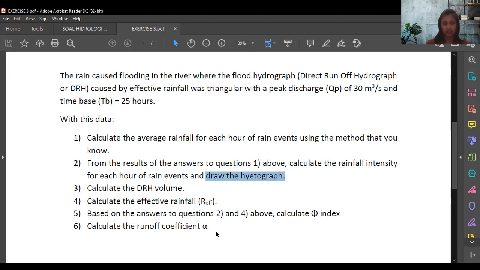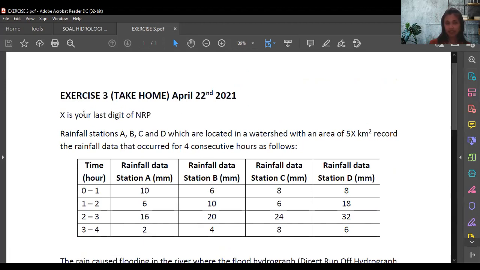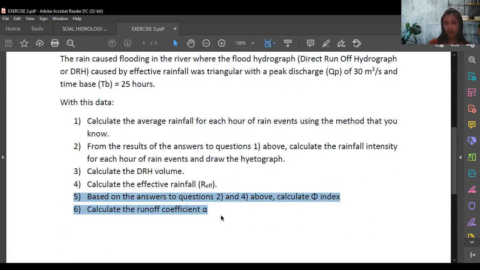But regarding this and this, you can see the material on infiltration. There's already an example there, but here I make it an exercise to mix that example with the other things that we already talked about earlier.